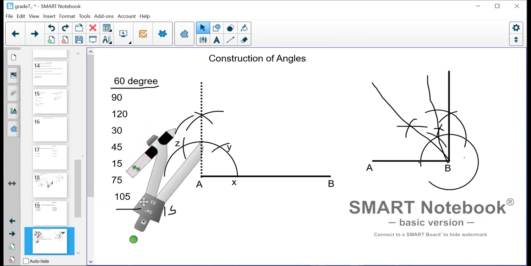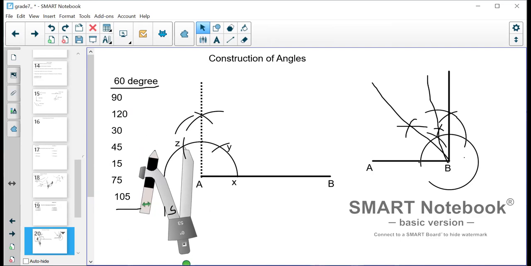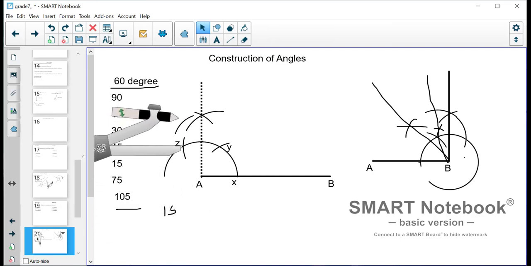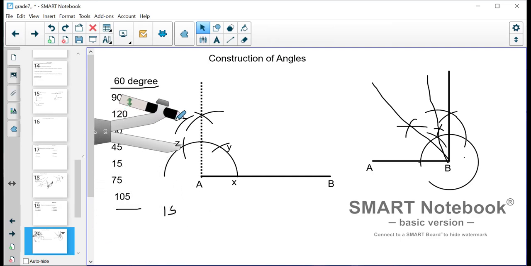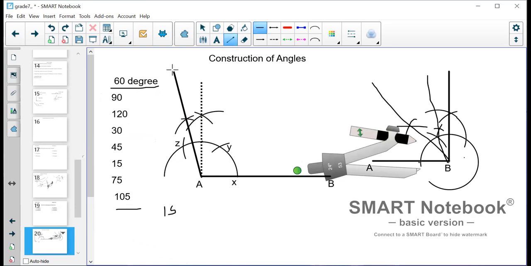When you finish with that, you move and you go to Z now, and you intersect that arc that you just scribed there using the same length. Now, when you have that intersection, you draw a line from A through that intersection. So there you bisected that angle from 90 to 120, which is 30 degrees.